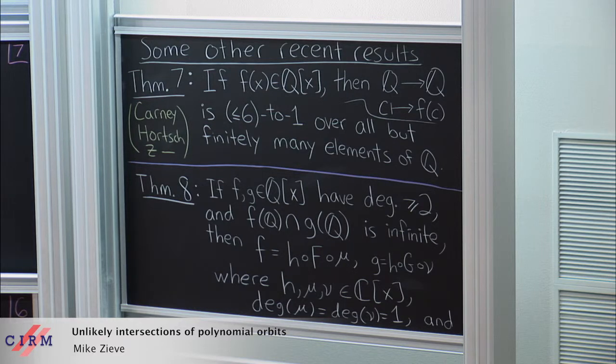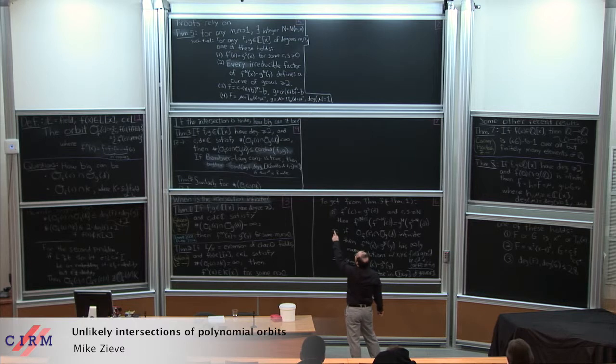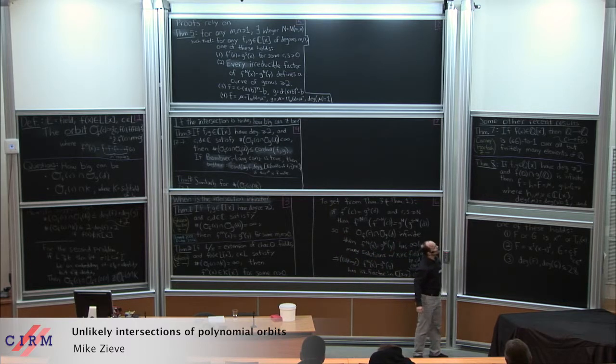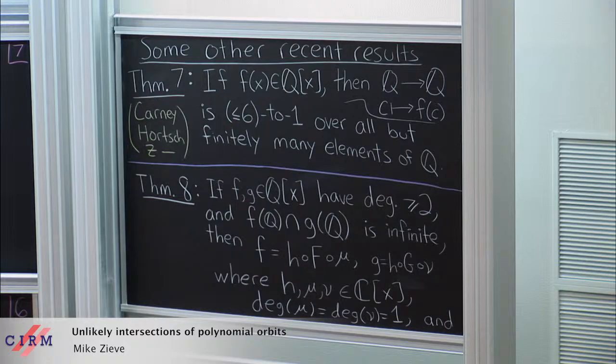Theorem 7 was kind of an earlier and much easier version of Theorem 5. But the statement was quite a surprise to us: if you have any polynomial with rational coefficients, then the function it gives you from Q to Q is at most 6 to 1, except for finitely many points. And we have similar results over any number field.